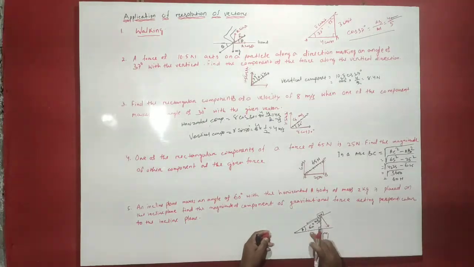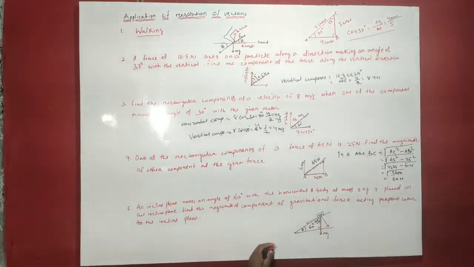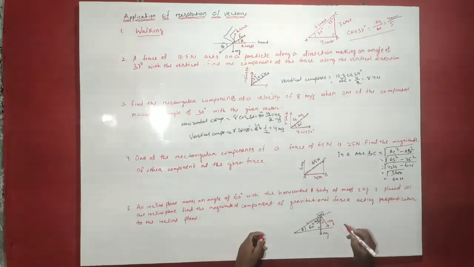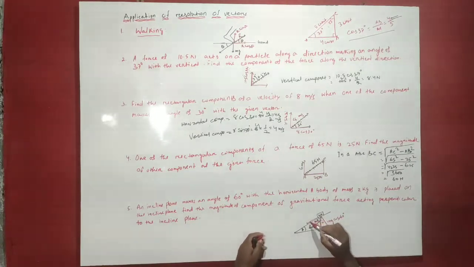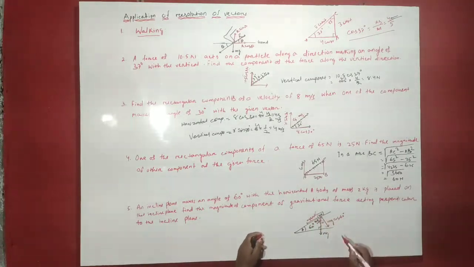That means this is theta, this is 60 degrees, that means this is 30 degrees, this is 90 degrees perpendicular to the plane of inclination. That means this is also 60 degrees, equal to theta. Now this component is adjacent to theta, so it will be mg cos 60 degrees, and the other is mg sin 60 degrees, but our required component is mg cos 60 degrees.